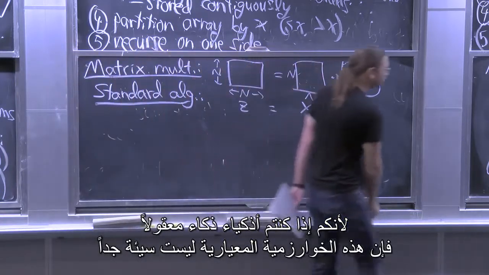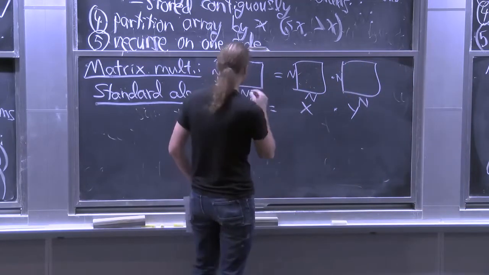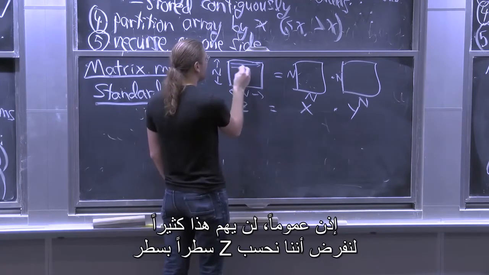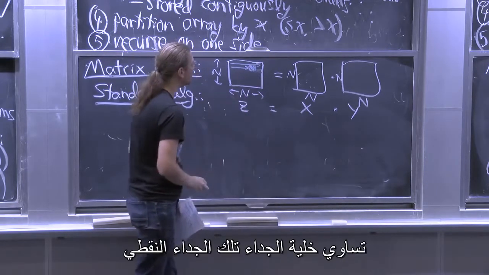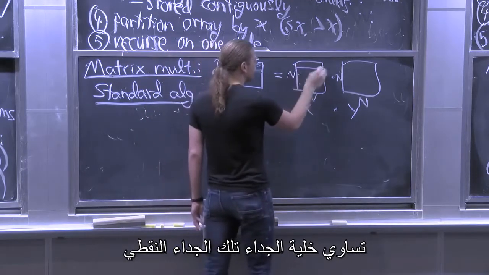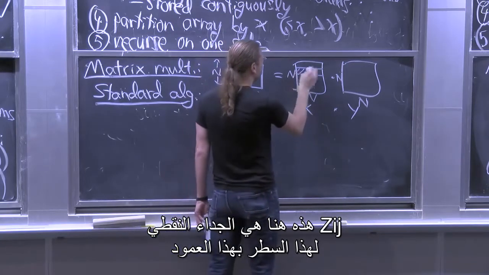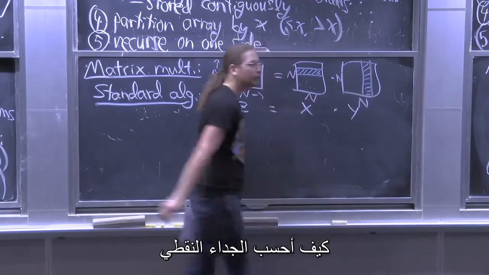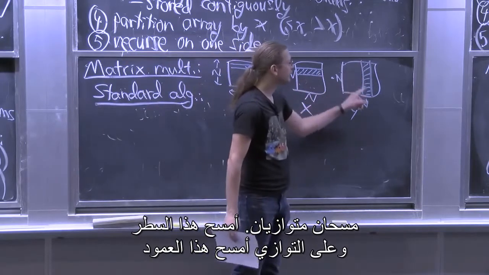Because if you're reasonably clever, this standard algorithm is not so bad. So in general, this won't matter too much. Let's suppose we're doing Z row by row, and let's say we're currently computing this product cell. This Zij here is the dot product of this row with this column. How do I compute dot products? 2 parallel scans. I scan through this row and a parallel scan through this column.